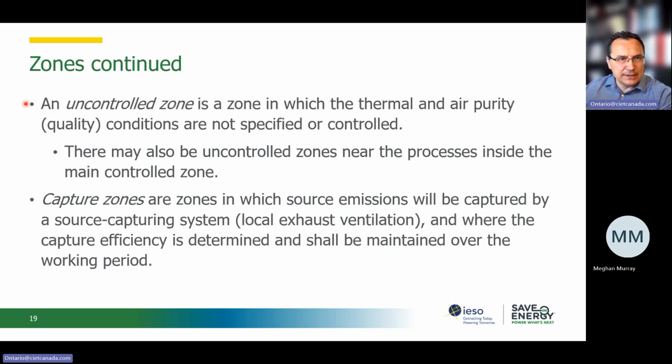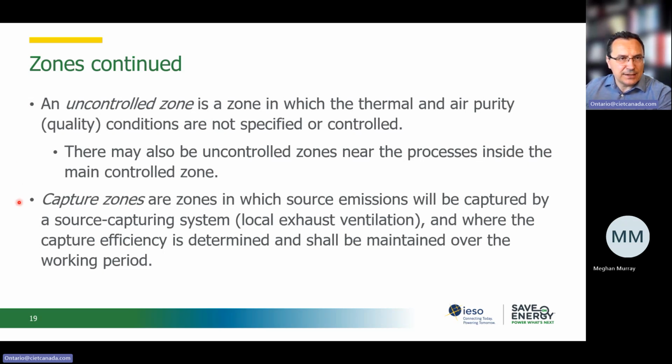In uncontrolled zones, those are typical general areas that would not see the same level of contaminants. These zones could be within that main zone, some areas that do not need to maintain or do not see the same level of concentration of contaminants.